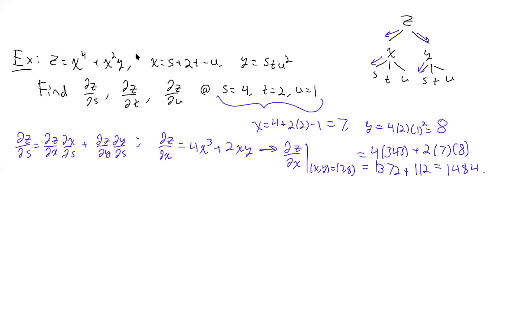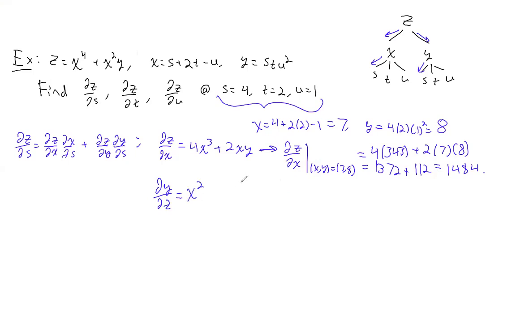Now, meanwhile, you can also go down the other directions. Oh, wait a minute! I didn't finish the problem yet. What am I doing? So now that we know what ∂z/∂x is, we're also going to need to know ∂z/∂y, which in this case is going to be much simpler.